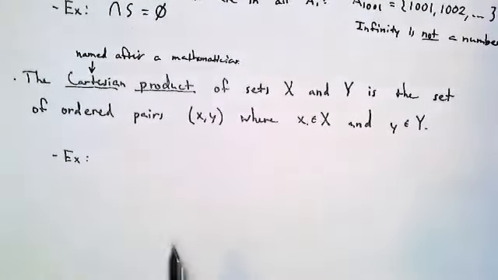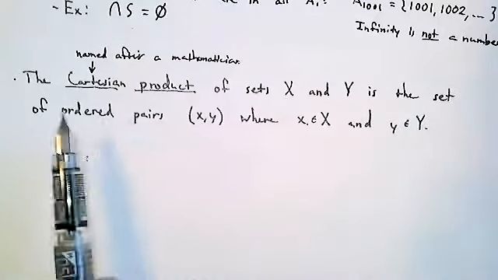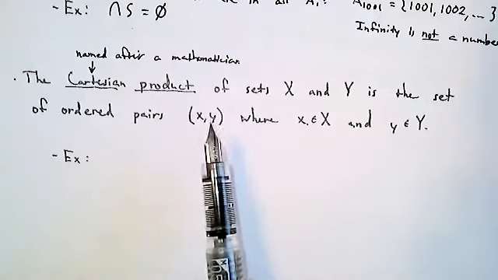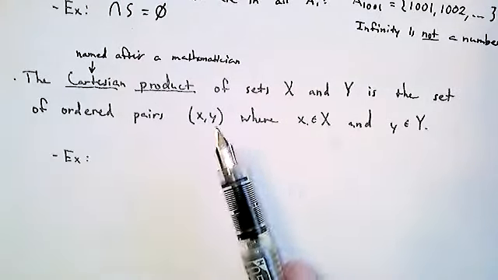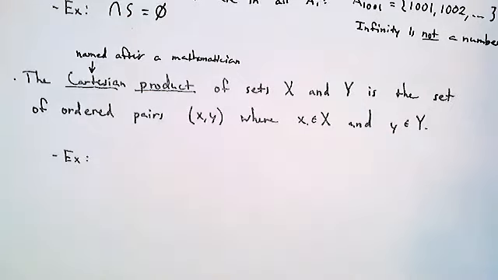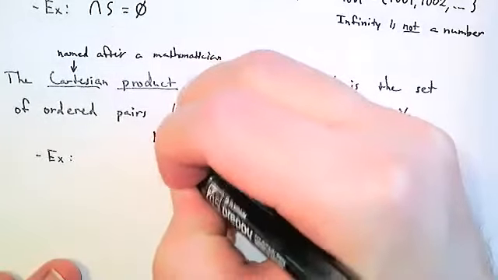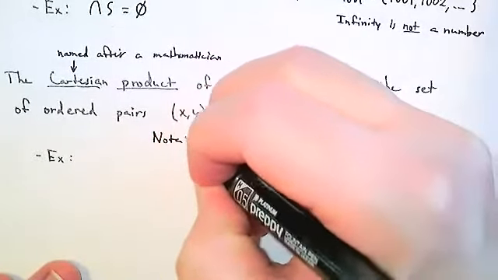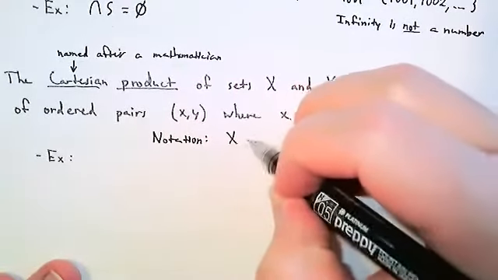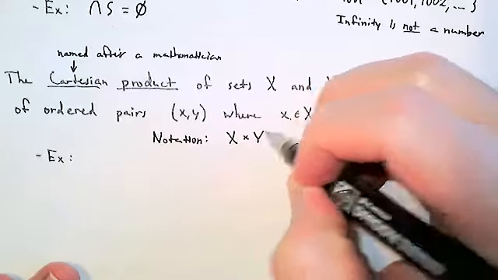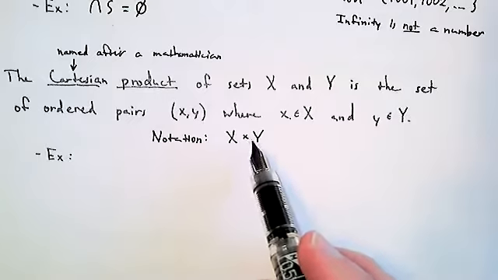A Cartesian product of two sets, and I'm just going to call my two sets X and Y, is the set of ordered pairs (x, y), where little x is in the first set and little y is in the second set. The notation for this is like multiplication: big X with a little multiplication symbol in between, and then Y.